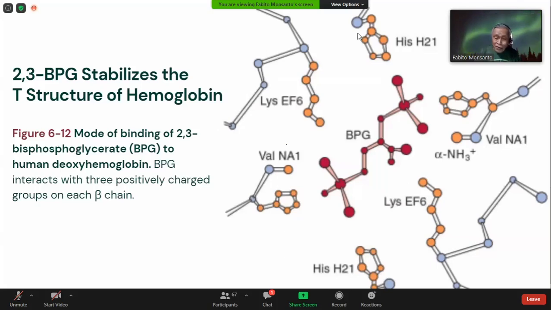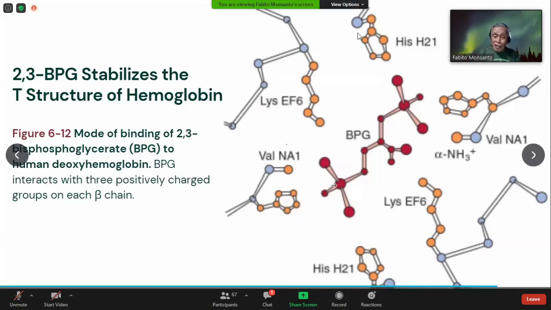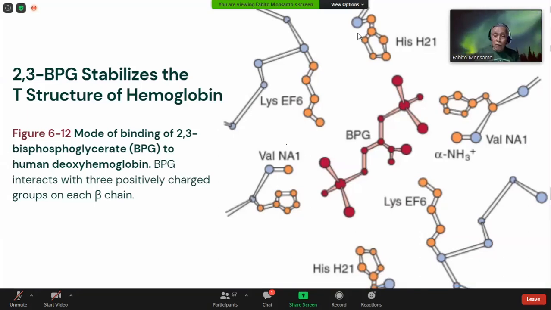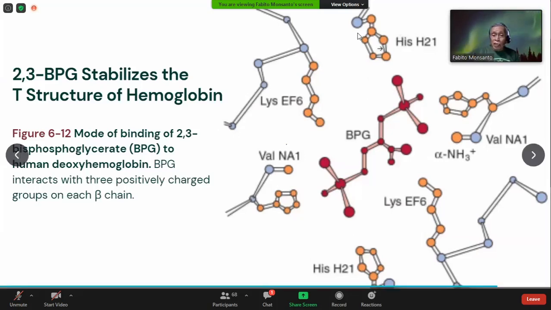All right, so here is the BPG, which is formed only by the RBC. Its function is just to stabilize the 2 beta subunits of your hemoglobin. Okay, these amino acids on this side belong to one beta subunit, and these amino acids on this side belong to the other beta subunit.